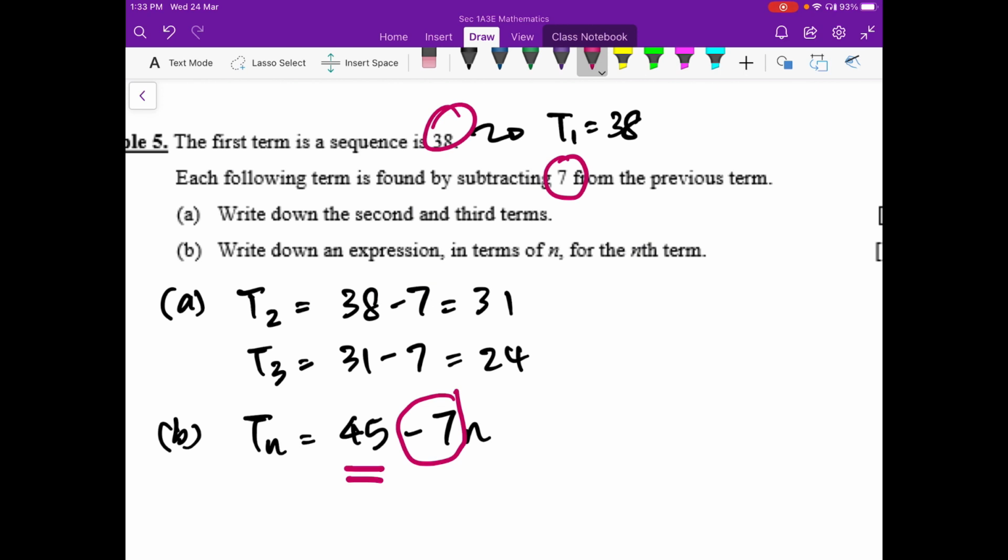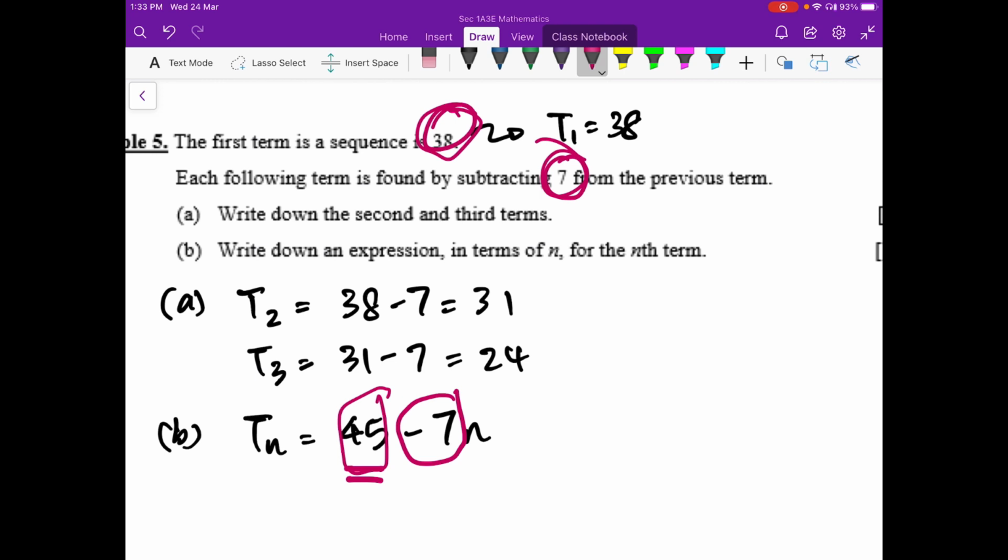Okay, don't understand. So how do we get a 45? From what I understood from him, there is involvement of the very first term, and it also involves the same 7. Think about it. How do you get a 45 from 38 and 7? Just add, right? 38 plus 7, we get 45, isn't it?